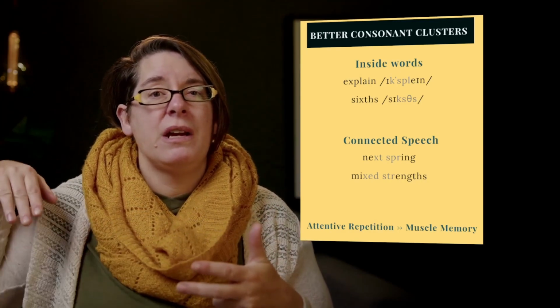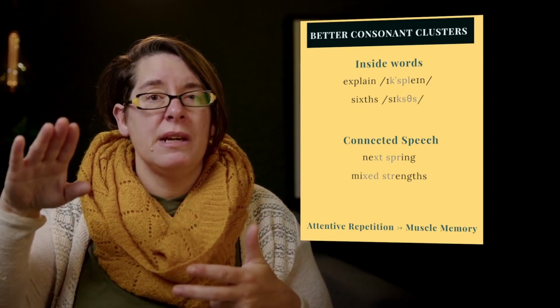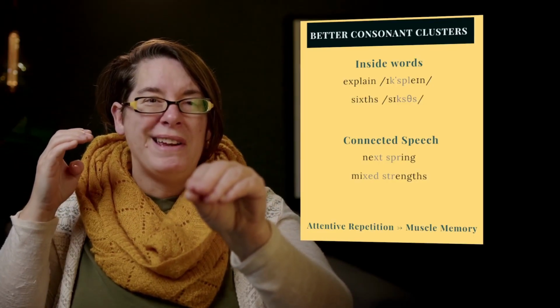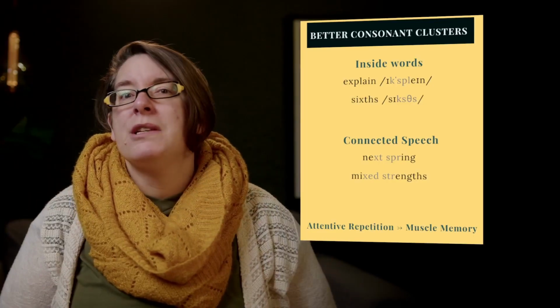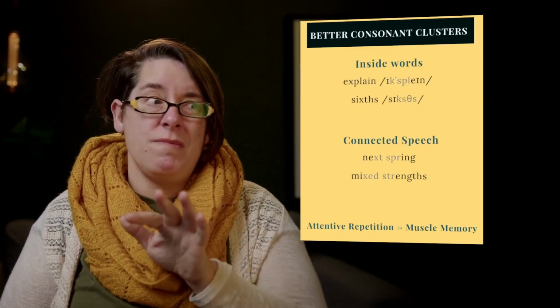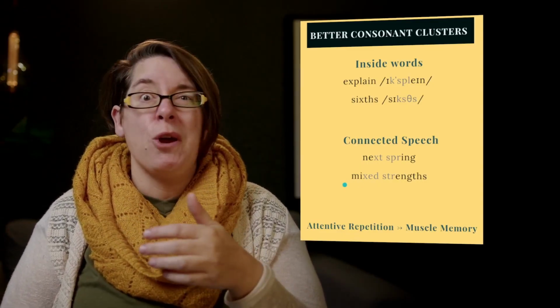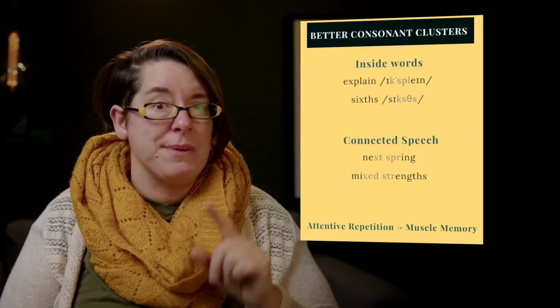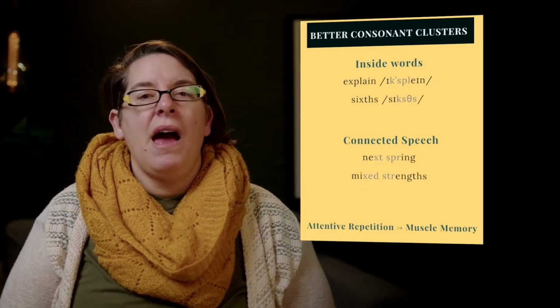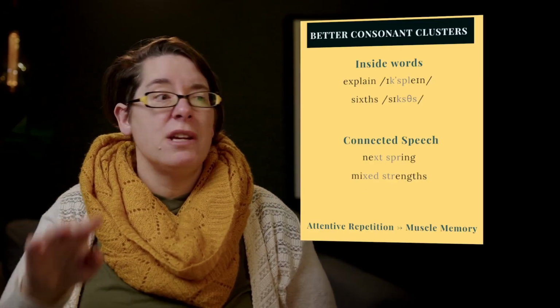So I've got k, st, spr: next spring. Six consonants in a row, not easy, but you can get better at that, knowing that the X is actually two sounds, not just one. Next one, like we said, with the ED ending, I'm going to have a t: k, st, just like in next.